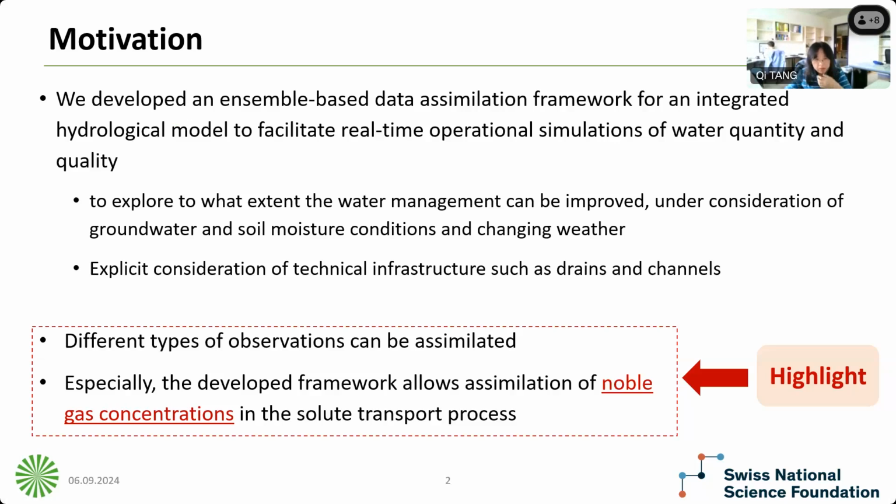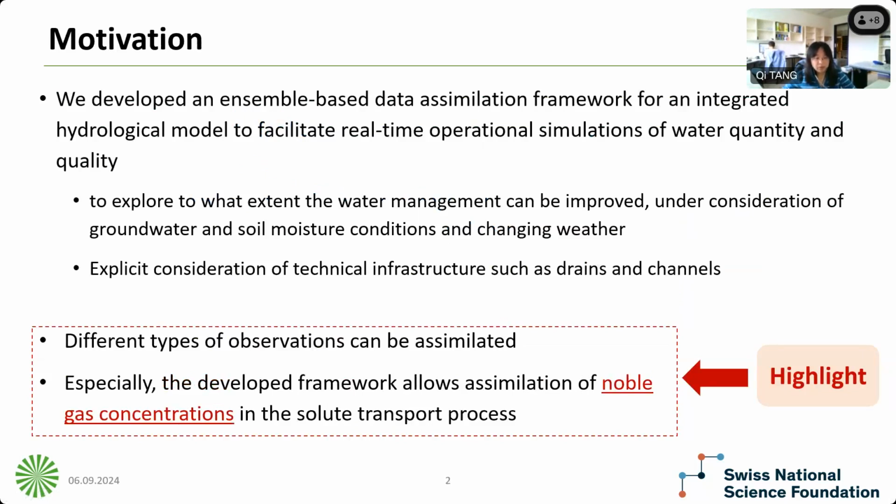We should consider not only the groundwater, the soil moisture, and the surface water themselves, but also consider them in one framework, including the interaction between these different bodies and their interaction with the changing climate conditions.